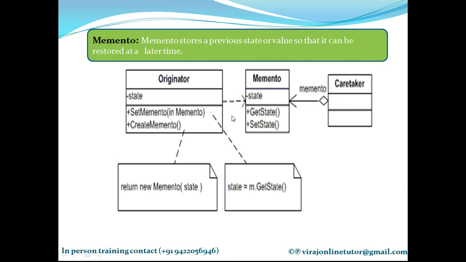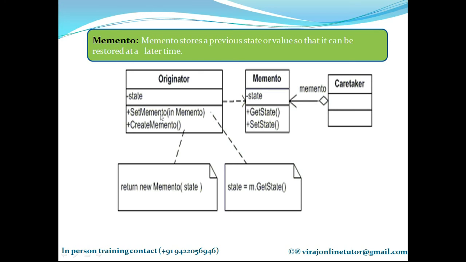That means the caretaker will first request the memento object from the originator, which will call create memento, and it will return a memento object with the state of the originator. The memento object saves the state of the originator at that particular time, and create memento returns that memento object which internally contains the state of the originator.